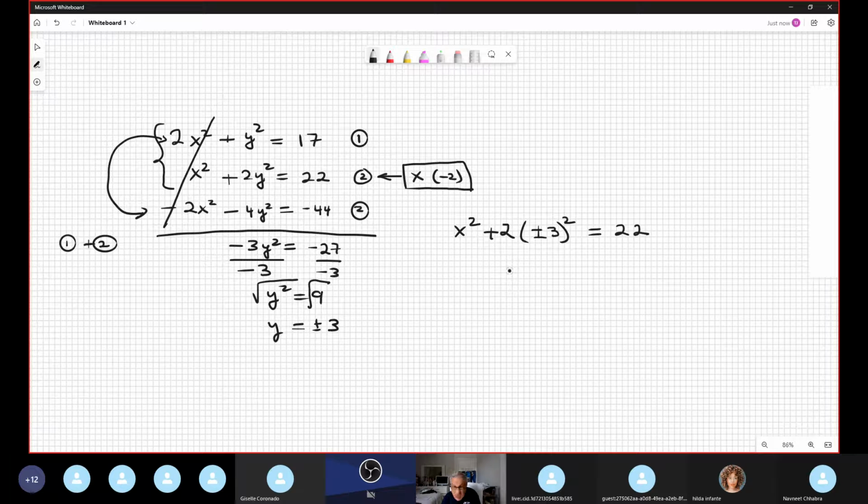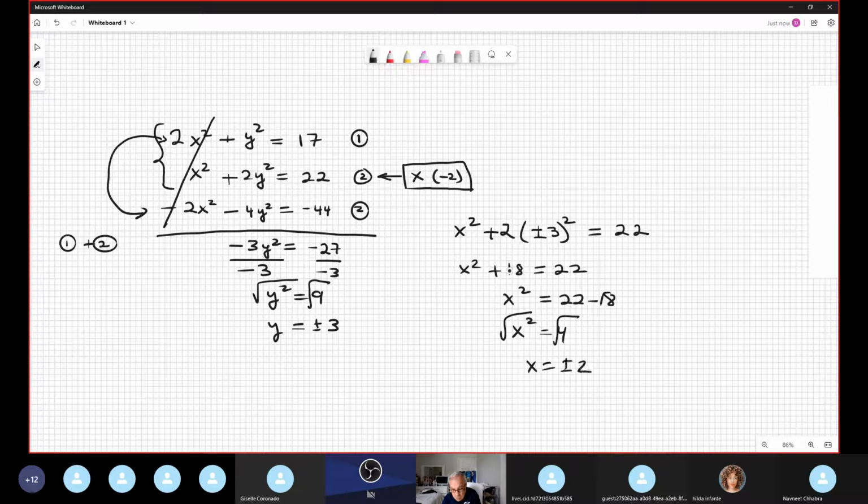This is 9, 18, x squared plus 18 equal 22. X squared is equal to 22 minus 18 is 4. And one more time you apply square root both sides, and you get x equal plus and minus 2. Okay, so now let me try to understand, because it's a little bit complicated, at least for me, no?